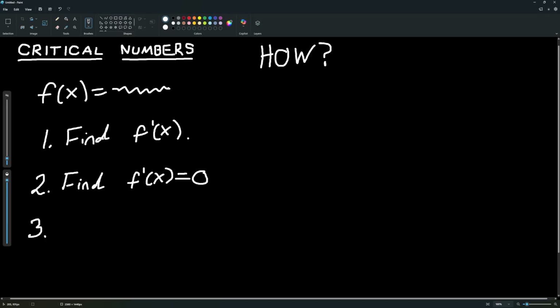And if necessary, you also need to find where f prime of x equals DNE. Those are the only steps to finding critical numbers. So let's go over a couple of examples.